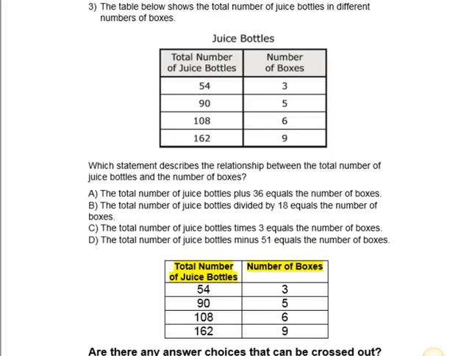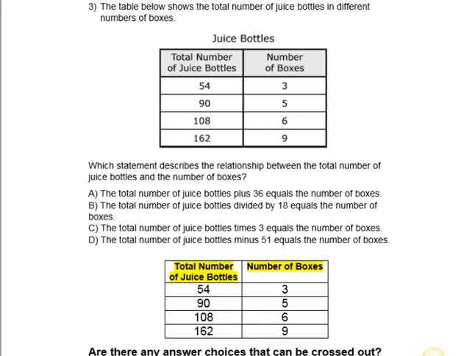Let's look at B. The total number of juice bottles divided by 18 equals the number of boxes. So does 54 divided by 18 equal 3? Again, does 54 divided by 18 equal 3?